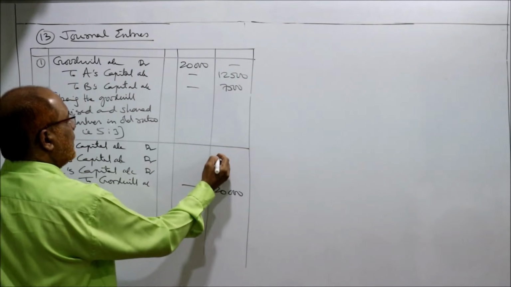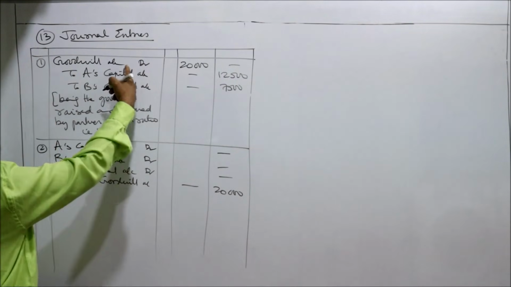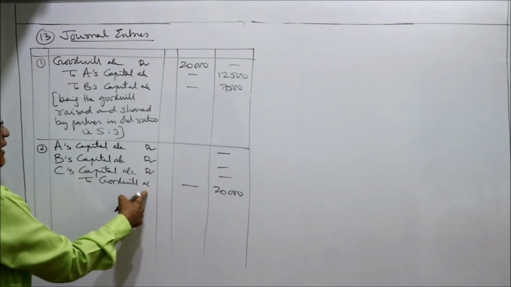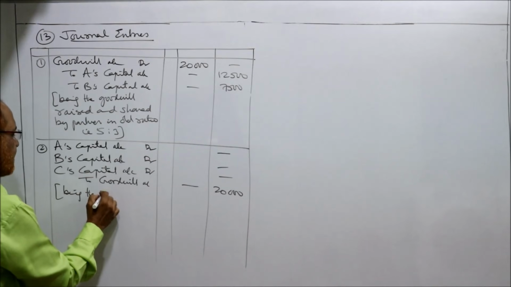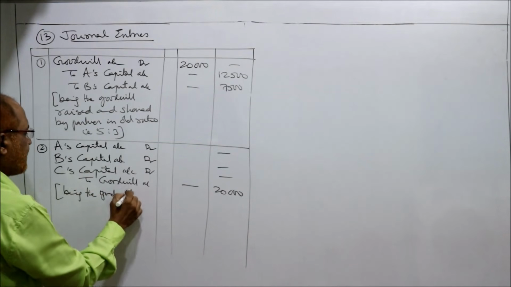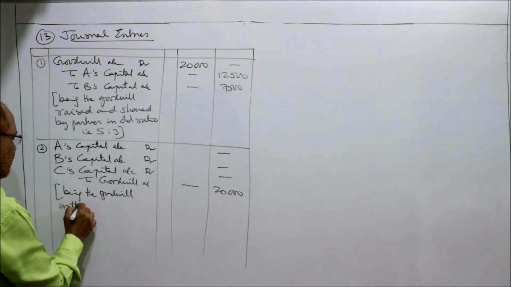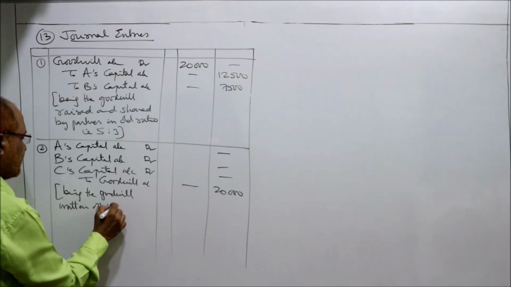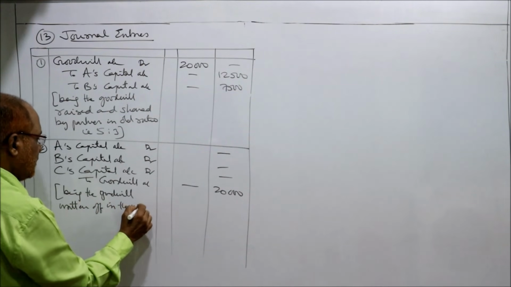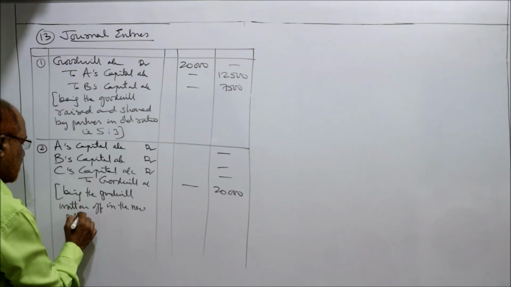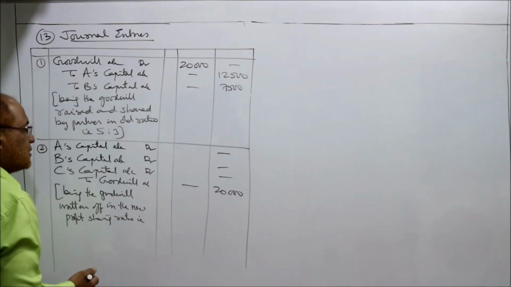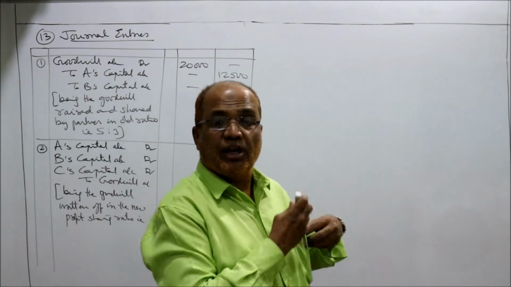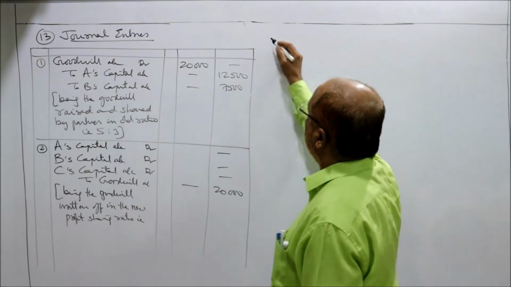When we raise the goodwill, it is debited. When we write off the goodwill, goodwill account is credited, being the goodwill written off in the new profit sharing ratio. That is, we don't have the new profit sharing ratio. We have to calculate the new ratio in working notes.